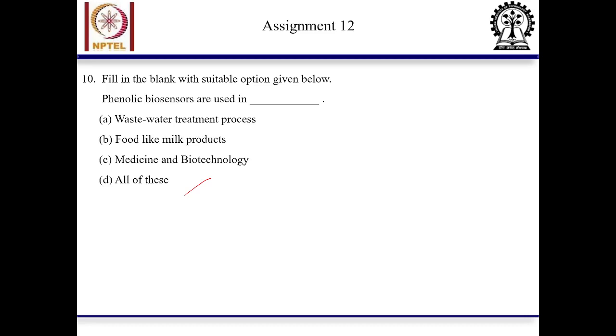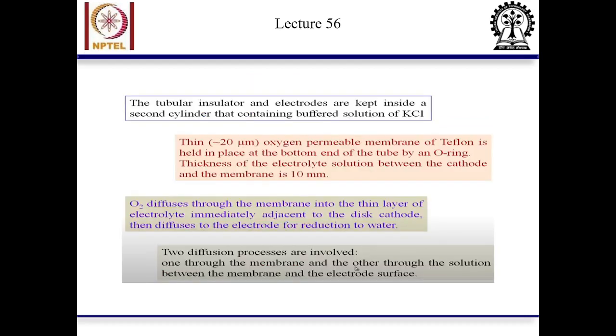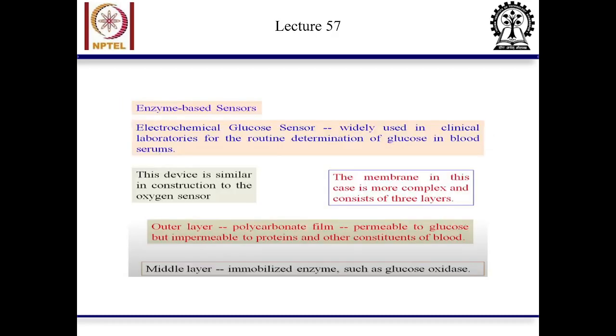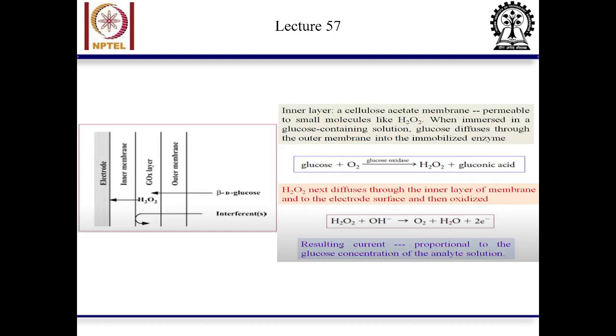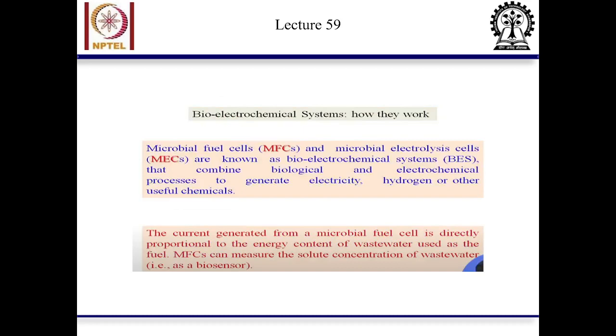Now I will go a little bit into detail about this oxygen sensor. I have already told you what is happening, so you can just go and see this, because I have already told what are all the enzyme based sensors, what is the reaction happening, bioelectrochemistry. One thing is that the question didn't come on this topic. It's called microbial fuel cell and microbial electrolysis cell.